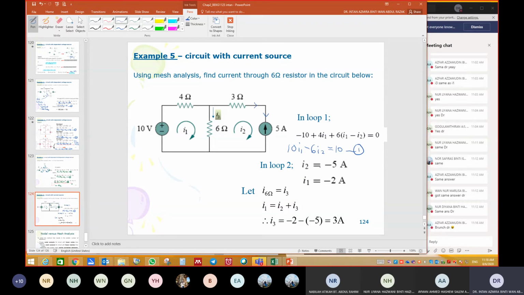And then just substitute I2 is equal to minus 5 in this equation, and you will get the answer. I6 ohm is equal to I3. The question is to find the current through the 6 ohm. After you substitute, you will get I1 equal to this, and then I2.